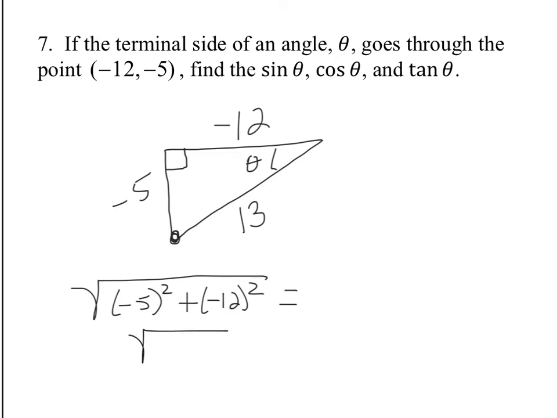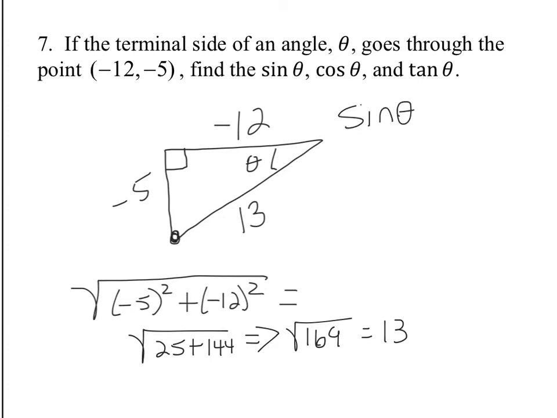So this ends up being 25 plus 144, which is the square root of 169, which is 13. And so our hypotenuse is 13. So now that we have all three sides, we can write our three ratios. So the first one is sine of theta. So sine of theta is opposite over hypotenuse. So if our angle is here, then this is the side opposite. So -5 over 13 is sine.